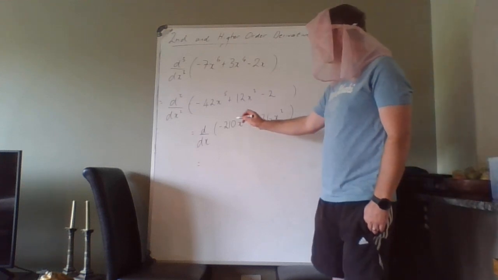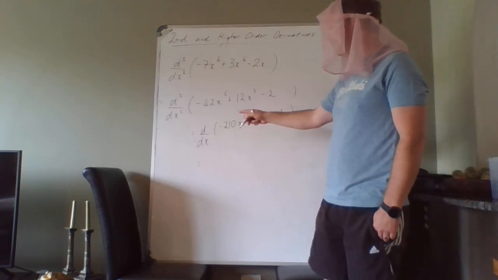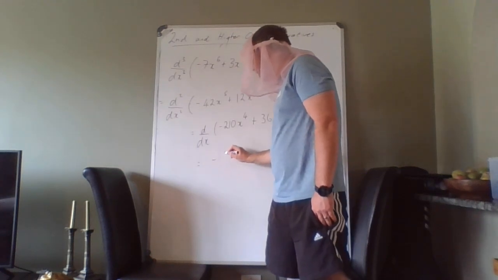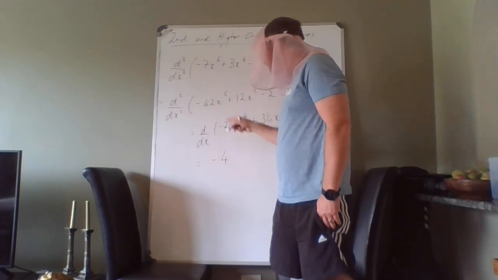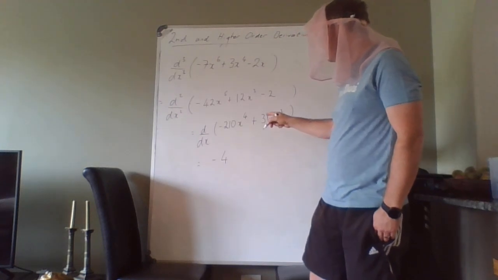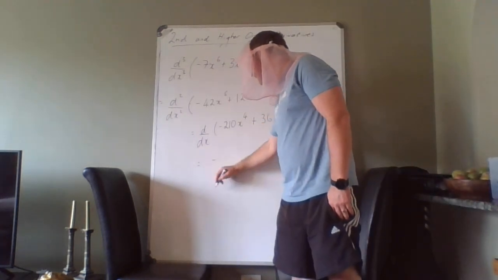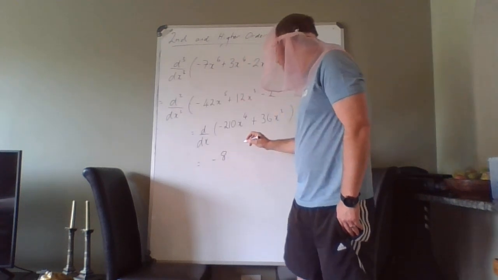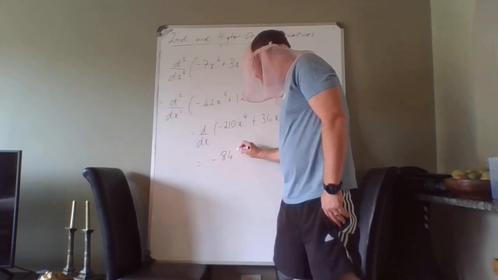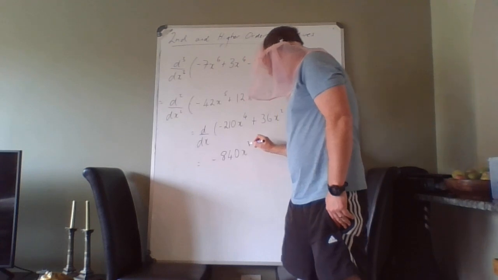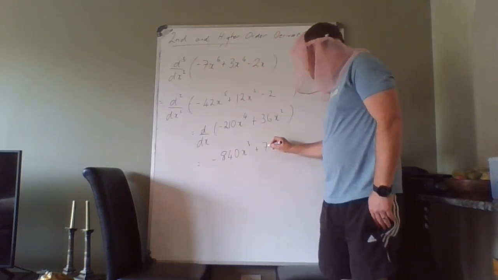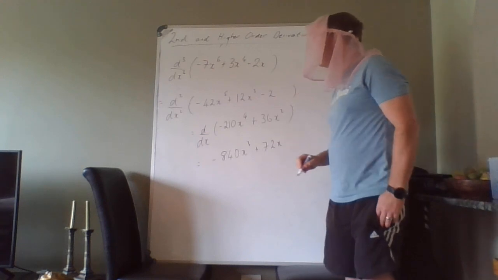Looking better. So if I differentiate that, I get minus 210... is that right? If I made any deliberate errors, please let me know. Nearly. 4 times 210 is negative 840, and 40x cubed plus 72x.